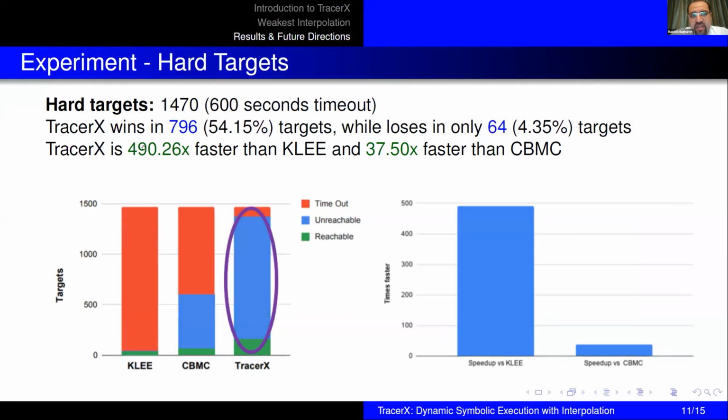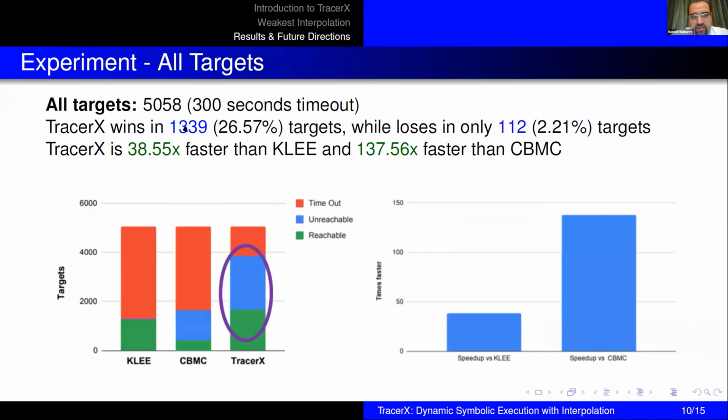We define winning as a tool being fastest in proving a target, and we define losing the other way around. TracerX in the first group of all targets was able to win in 26% of the targets, and it loses in 2% of the targets. In the rest of the targets, we can have ties.